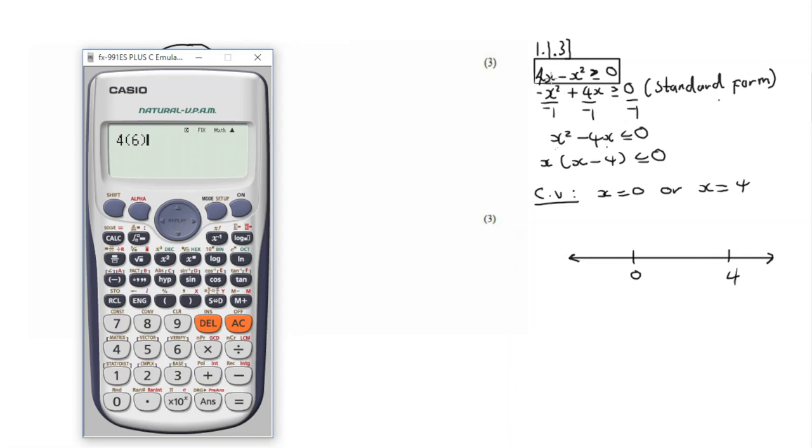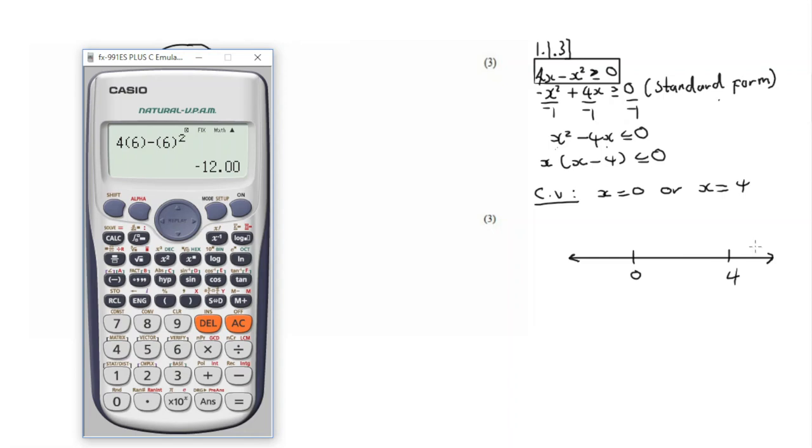6 here in x, I put in 6 minus open bracket 6 close bracket squared equal to. So you see that when I substitute 6, or a value that's greater than 4, I get a negative value. So in other words, this 6 will represent all the values here that are greater than 4.